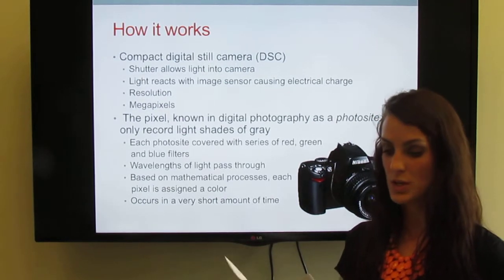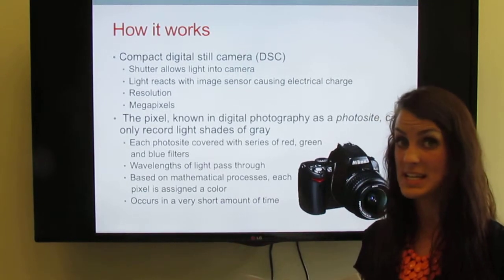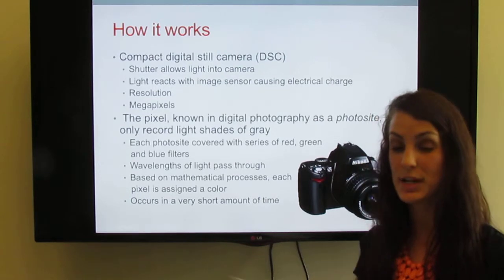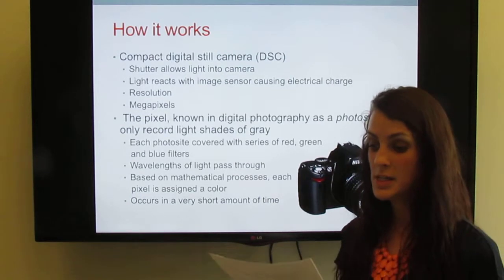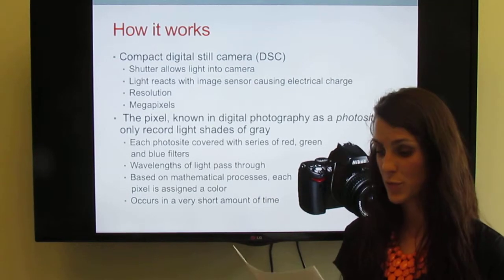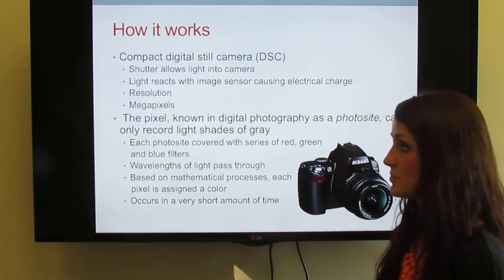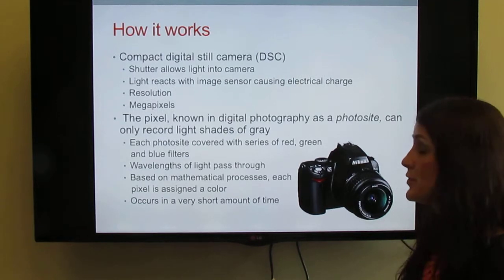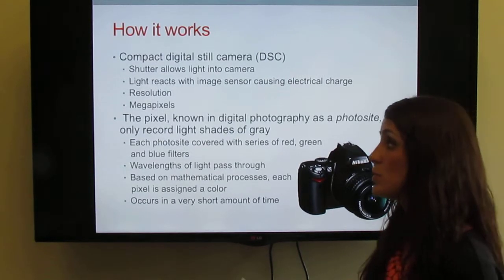The megapixels are the number of millions of pixels for any given sensor. The common size for a sensor is about 18 by 13.5 millimeters, and this is also known as the 4/3 system.